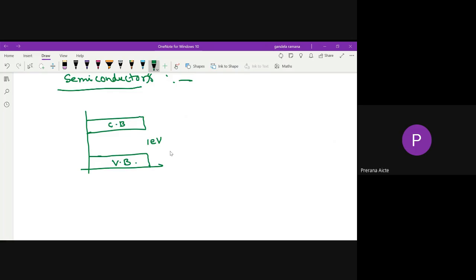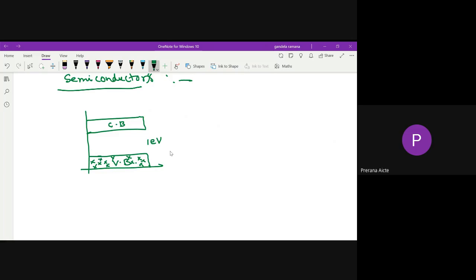At 0 degrees Kelvin, the valency band is completely filled with electrons and we don't give any energy. So nothing will happen. There are no free electrons in the conduction band. So at 0 degrees Kelvin, the semiconductor acts as an insulator.